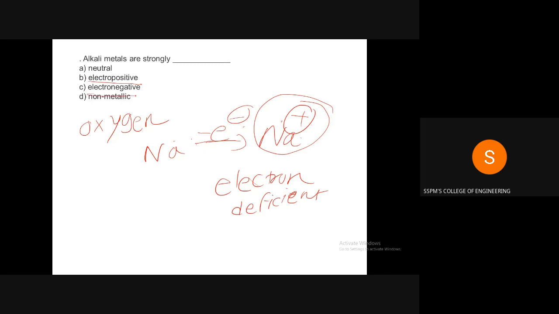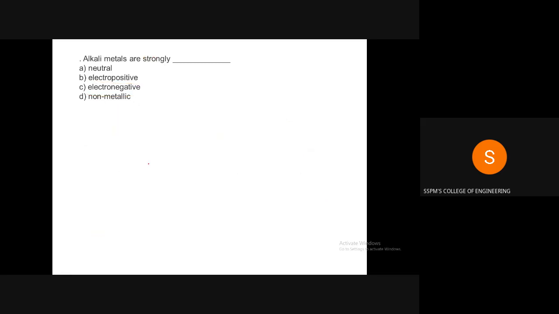Low electronegativity leads to electropositive, and high electronegativity is for electronegative elements. Oxygen is a more electronegative element, the second most electronegative element in the periodic table. Electropositivity means positive ions are formed which are electron deficient.